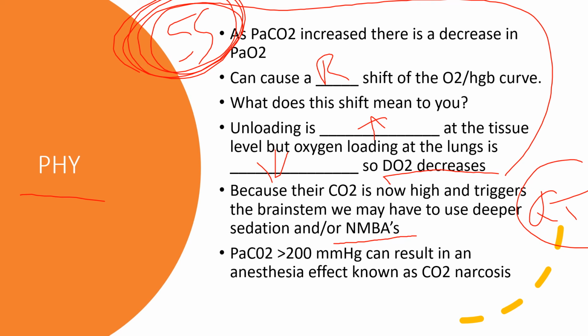It's not comfortable having a high CO2, and the brainstem agrees, and so that's where we might have to reduce that response. But when our CO2 is greater than 200, this can even result in an anesthesia effect known as CO2 narcosis. So we can see that as CO2 increases, their ability to respond to things decreases as well. Hopefully we don't have to go to a CO2 over 200, but that's what you're looking at.